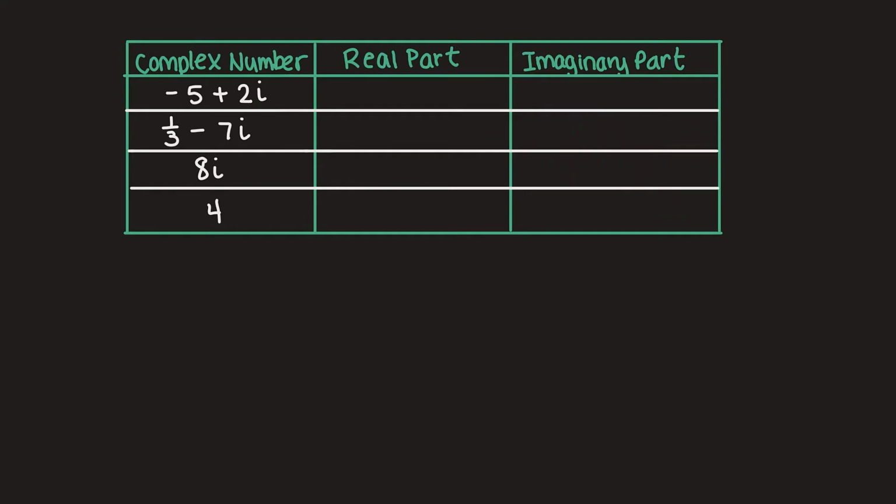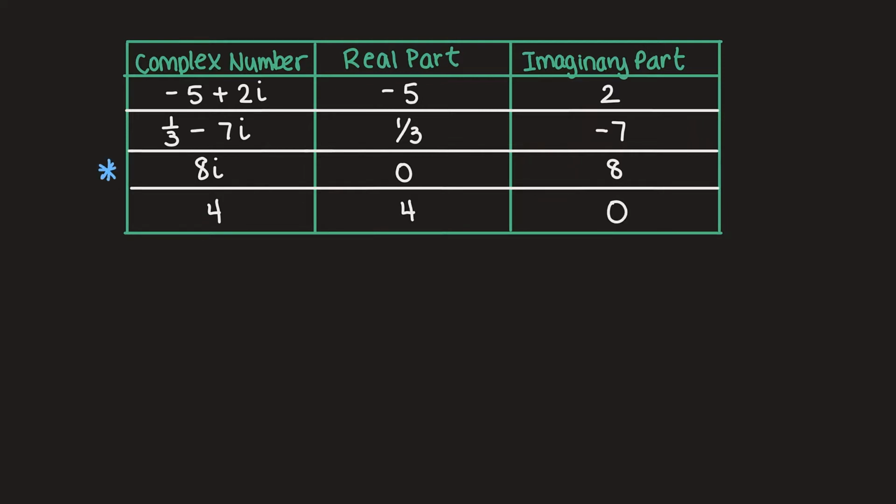The first complex number has the real part being -5 and the imaginary part as 2. For the next complex number, the real part is 1/3 and the imaginary part is -7. For the next one, the real part is 0 and the imaginary part is 8. And then for 4, the real part is just 4 and the imaginary part is 0.